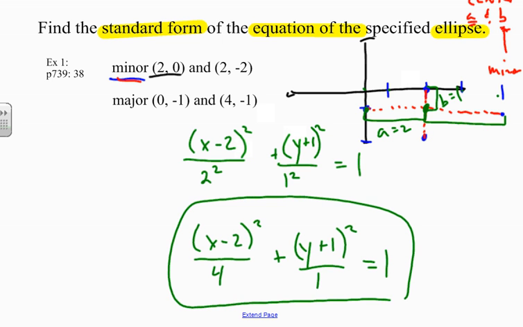That is the standard form of this ellipse. If you want to draw it, I'm a horrible drawer and it's not to scale, but that would be the ellipse. So that is the first example. We're going to have several others, so if you want to look at the following tutorials, there are 3 more examples on how to find the standard equation of an ellipse.